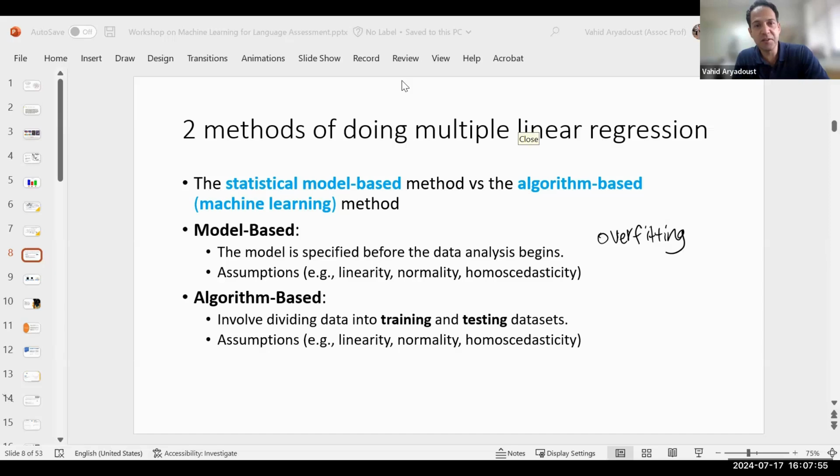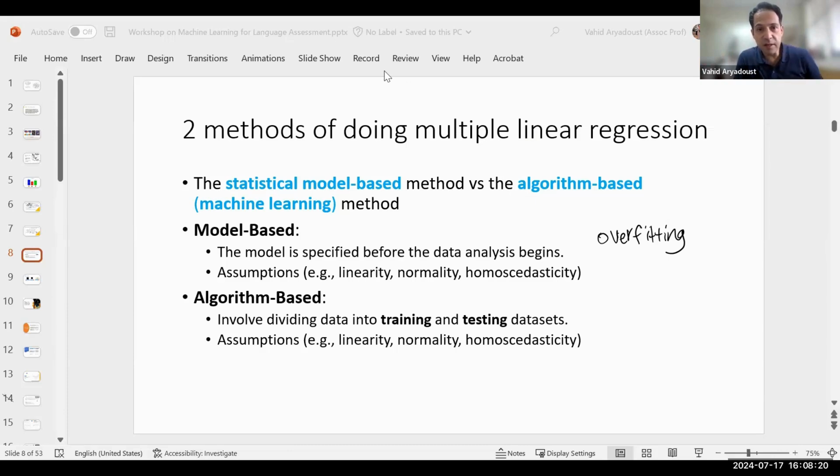All right, no problem. Overfitting happens when your model works pretty well for your present data set, but it fails to make any predictions in a different data set. So it only makes sense for your data set.